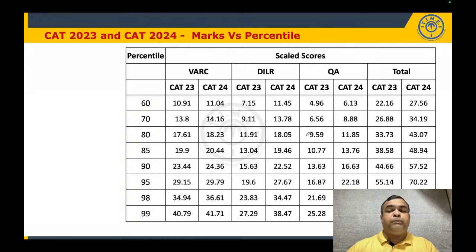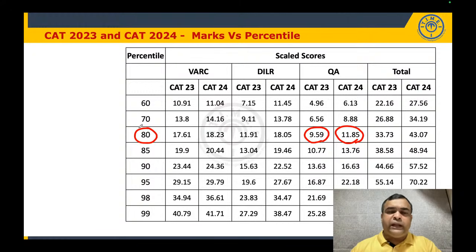Let's say I go to higher numbers. For 80 percentile, what was required was 9.59. Here required was 11.85. Now there are two reasons for it. Can somebody tell me the reason behind it? Why do the marks required increase for a certain percentile?